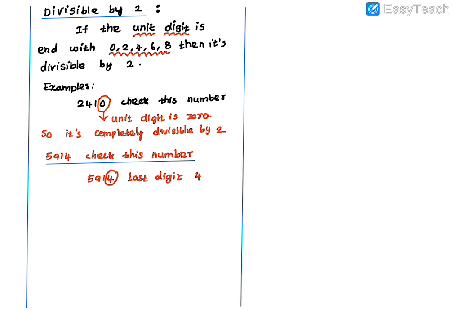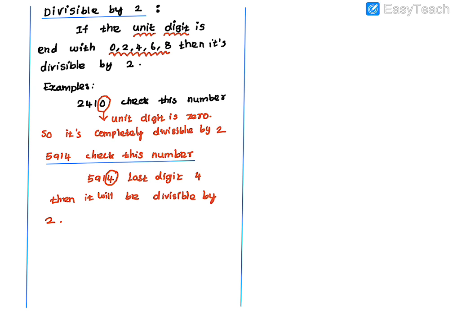So see, 0, 2, 4, 6 or 8. If any one of these is present in the last digit, then it will be completely divisible by 2. So these are the rules for divisibility by 2.